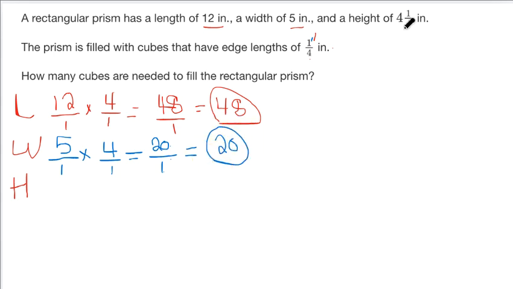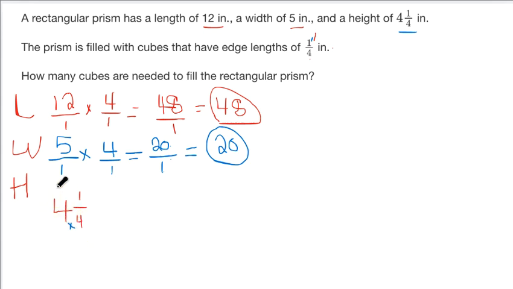And then my height, it's already in fraction form, but I have to go from a mixed number to an improper fraction. So I have 4 1/4. To make that an improper fraction, don't forget I'm going to multiply the denominator by the whole number.